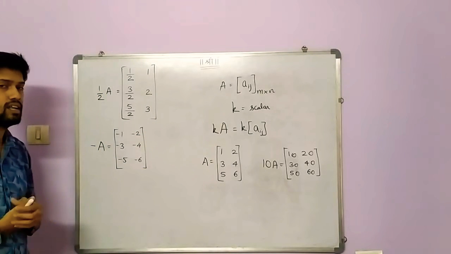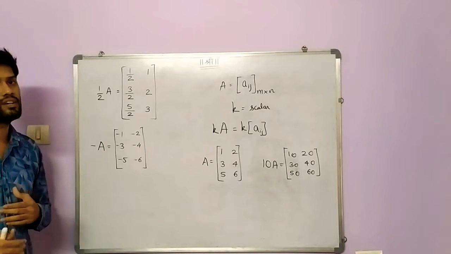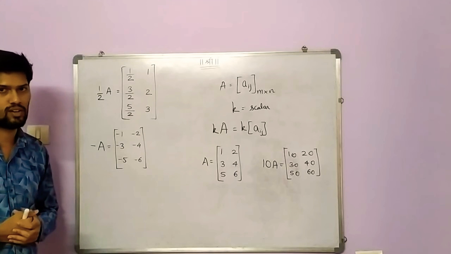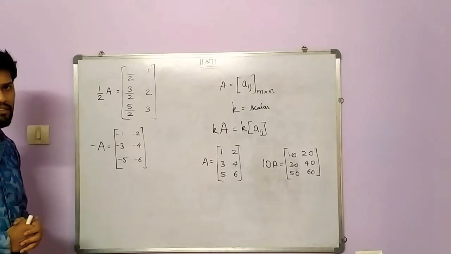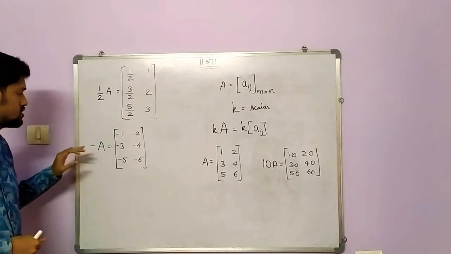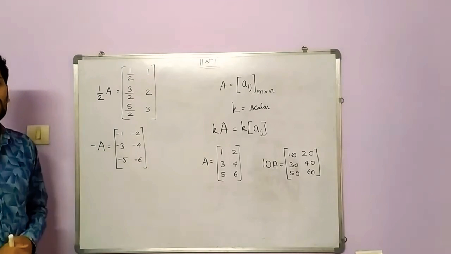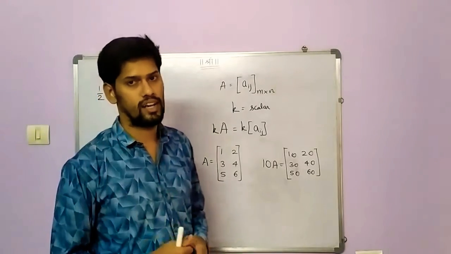Whenever you multiply a scalar to a matrix, that scalar gets multiplied to each element of the matrix. Please note this down. To get a negative of a matrix, what we do is multiply it with -1. So minus A is called the negative of matrix A. Now try to solve this particular exercise.